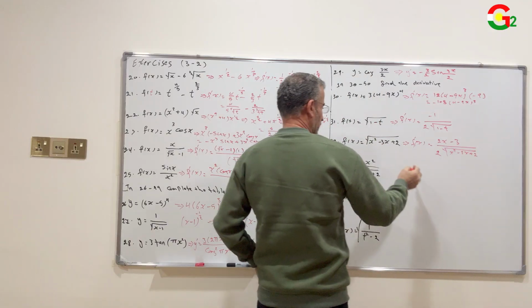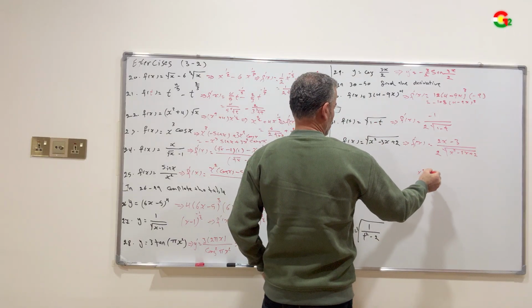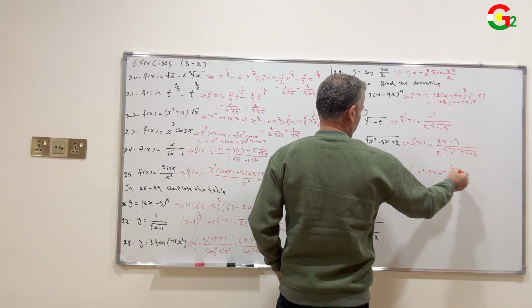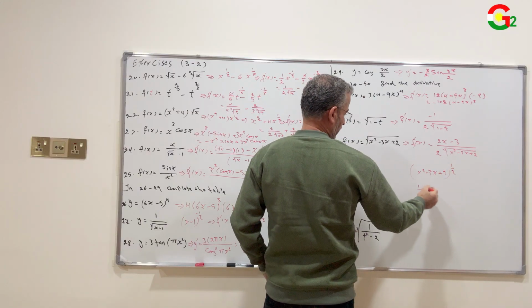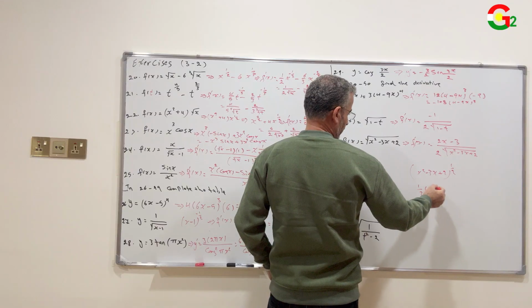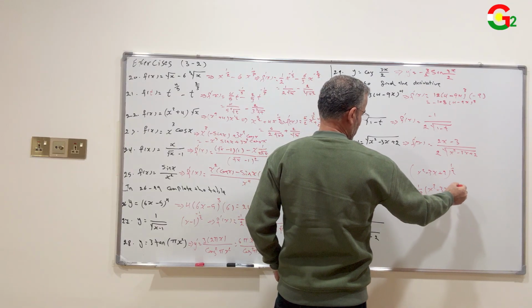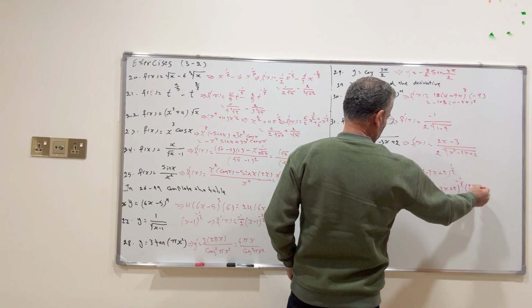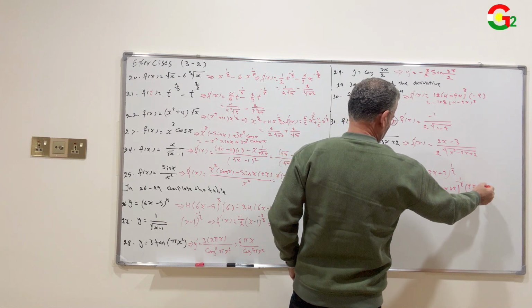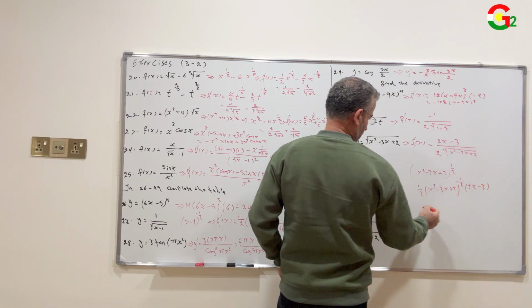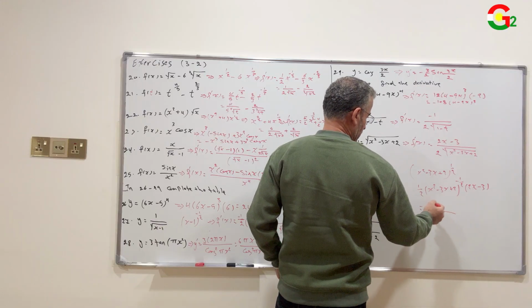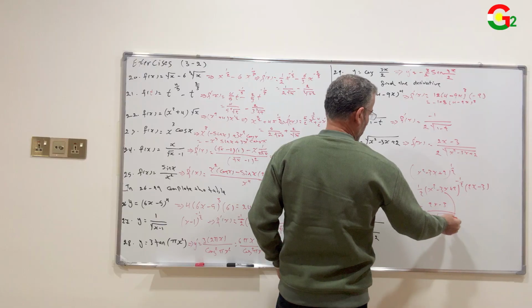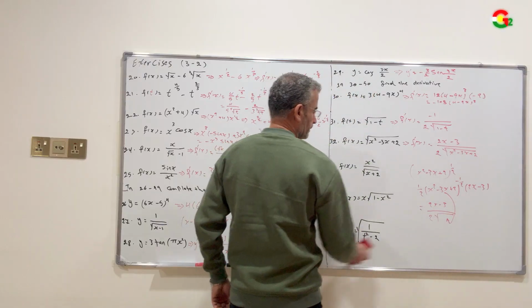How do we find that? Rewrite it as (x power 2 minus 3x plus 2) to the 1 half. Now find the derivative of the bracket: 1 half times (x power 2 minus 3x plus 2) to the negative 1 half times (2x minus 3). Now rewrite it as 2x minus 3 over 2 square root of this term.